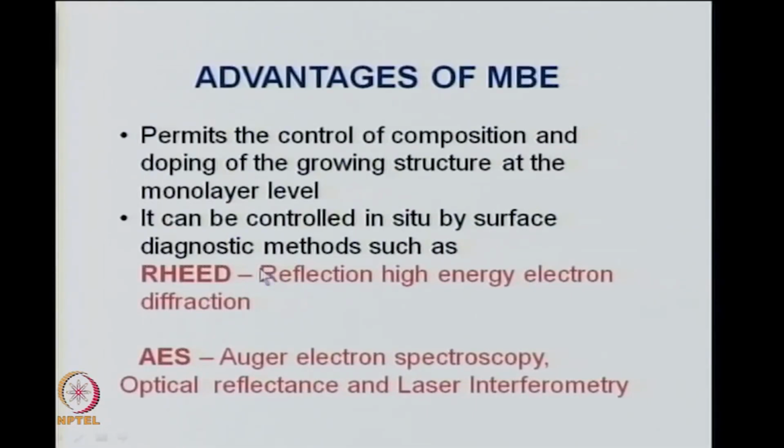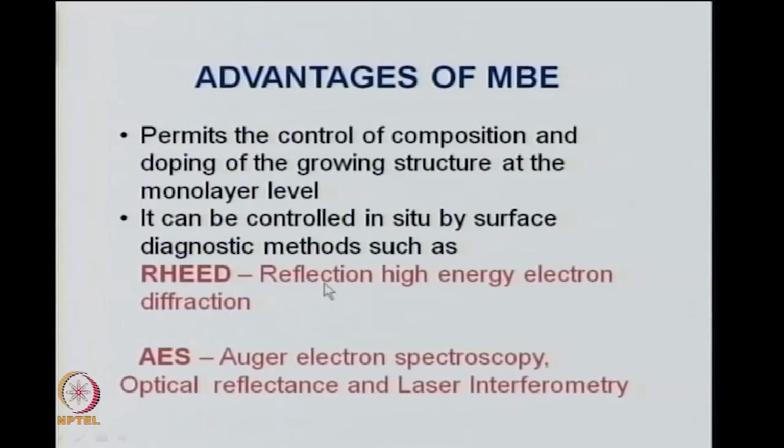While the epitaxial layer is growing, you can study the layer by very efficient techniques like reflection high energy electron diffraction, which is called the RHEED technique, also Auger electron spectroscopy, optical reflectance or laser interferometry. All these techniques allow you to control the composition and the doping of the growing structure. So, these are some advantages of using the molecular beam epitaxy method.